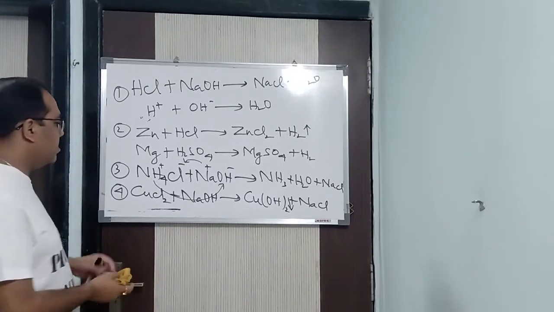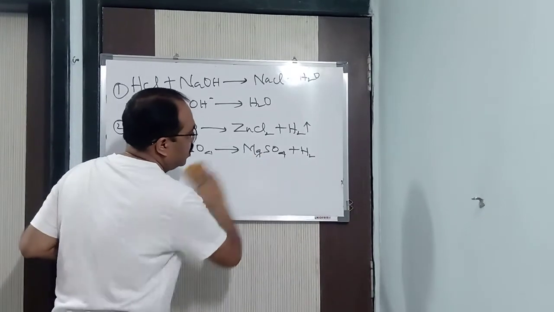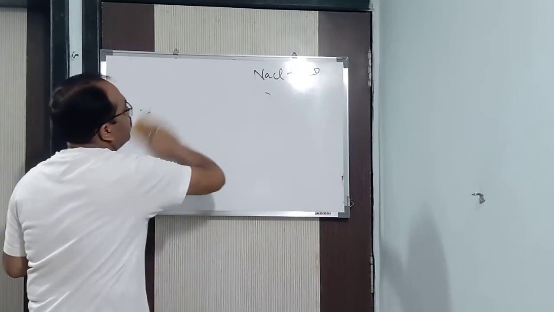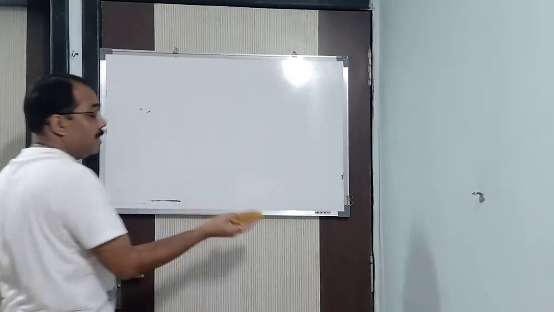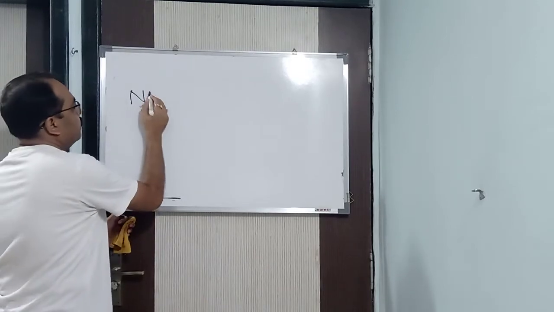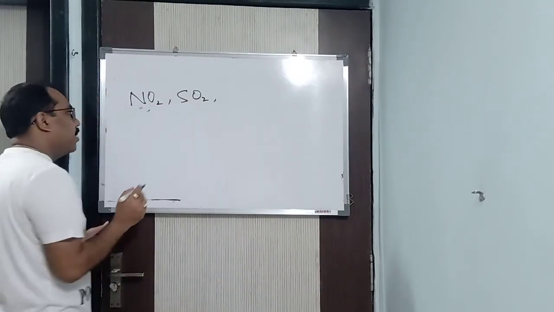Now one more property is that acid forms when gases react with the moisture present in the air. The impurities present in the atmosphere are nitrogen dioxide and sulfur dioxide. Carbon dioxide is not an impurity, remember it.